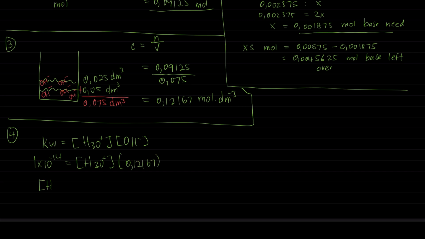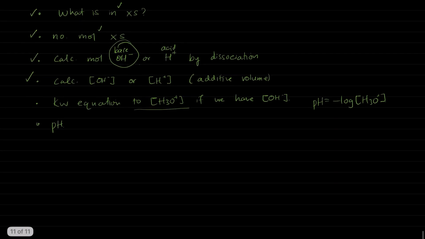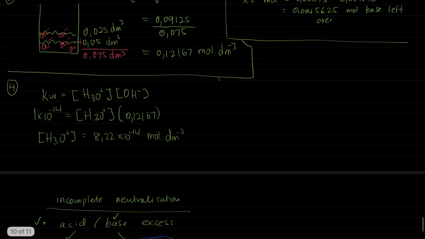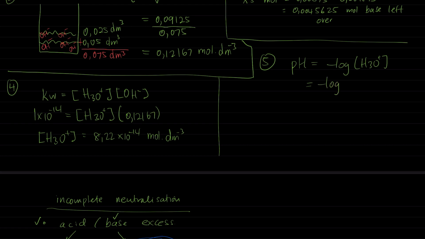That means the concentration of H3O plus is going to equal 8,22 times 10 to the minus 14 moles per dm cubed. So now we have the concentration of H3O plus. And then the last step is to calculate the pH. So step number 5, the pH is equal to minus log the concentration of H3O plus. Now we substitute, so minus log 8,22 times 10 to the negative 14, and that gives us an answer of 13,09.